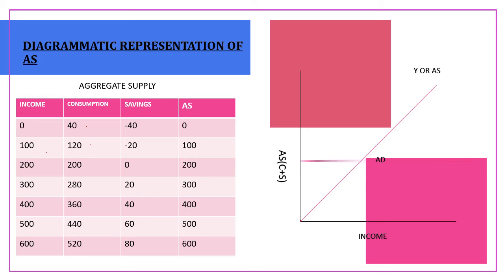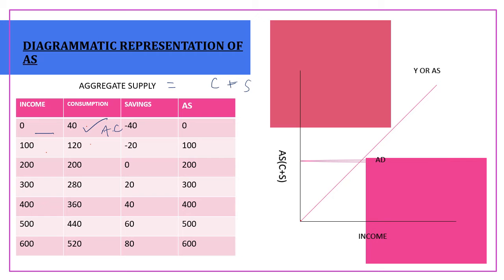Next we are going to see the diagrammatic representation of aggregate supply. Aggregate supply is nothing but consumption plus savings. Here income is 0, and consumption is 40. This consumption is called autonomous consumption, because at zero level of income we are consuming something.